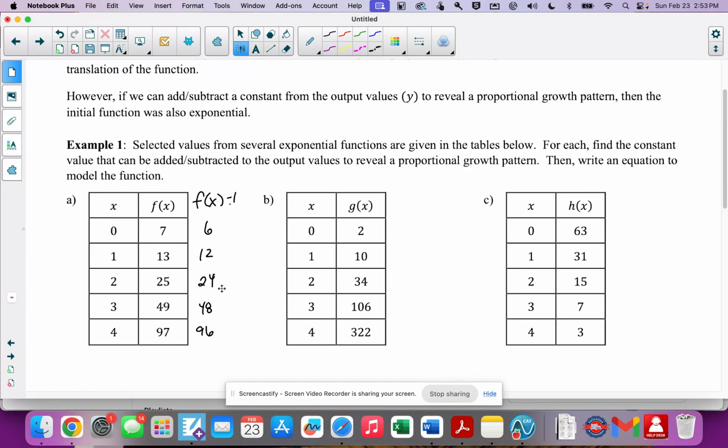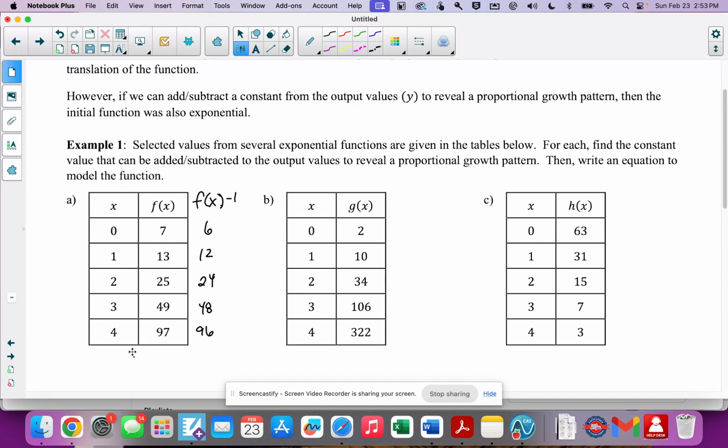So writing the function after that part is very, very easy. I had to subtract 1 in order to get it to look recognizable. That means when I write the function, 1 has actually been added. And you know what the base is because you know what you multiplied every single time, and you also know what your initial value was, 6.